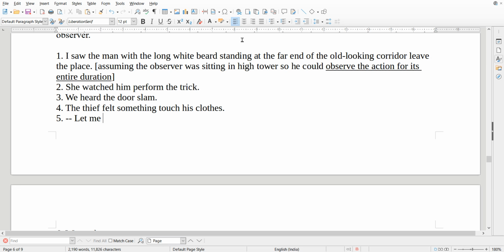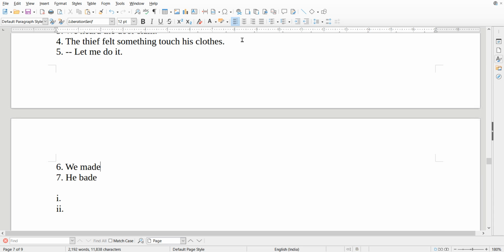Let me do it, or let me go, let me come, let me leave, whatever. So the point is the infinitive verb.